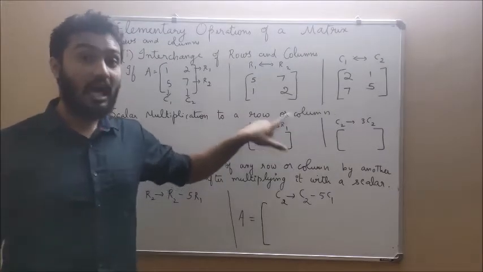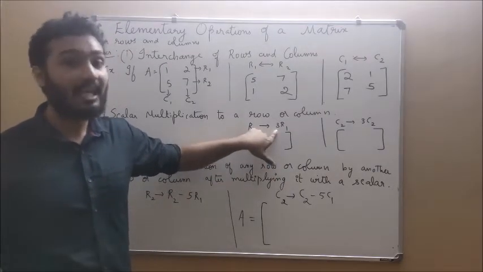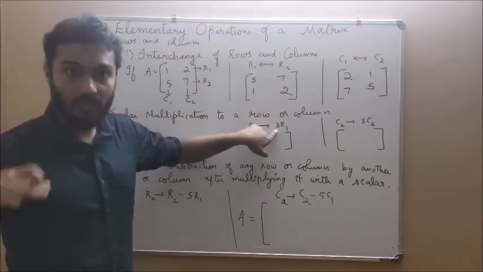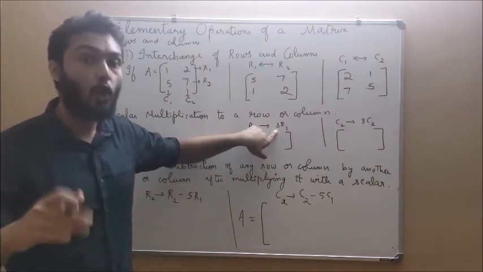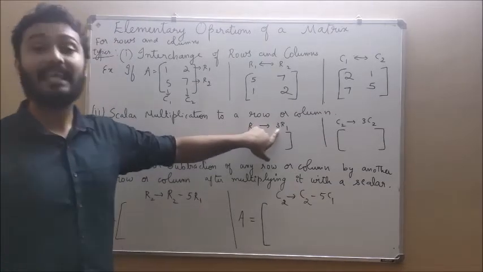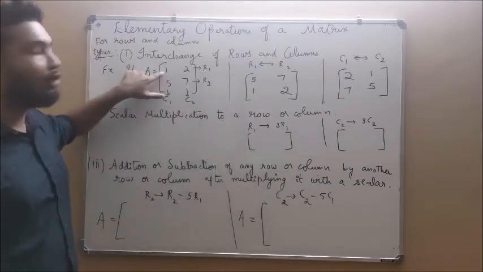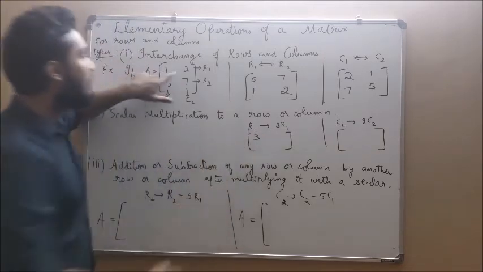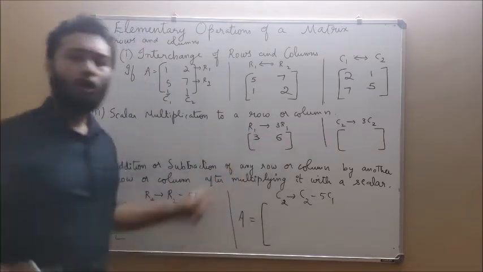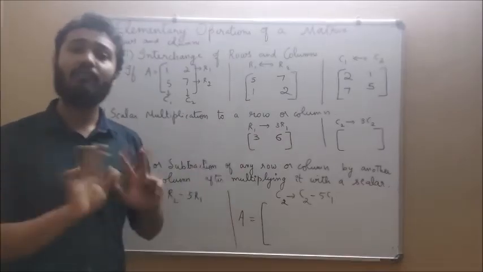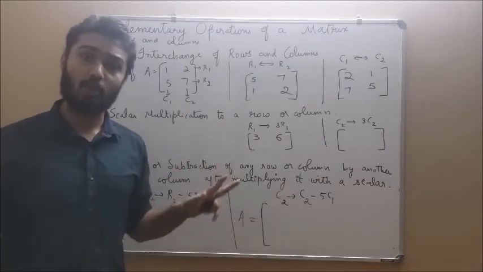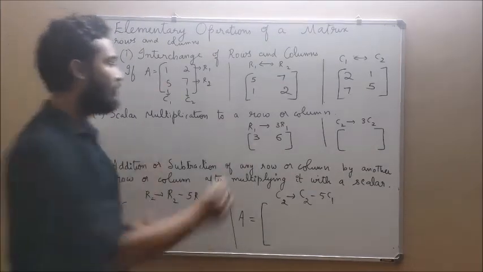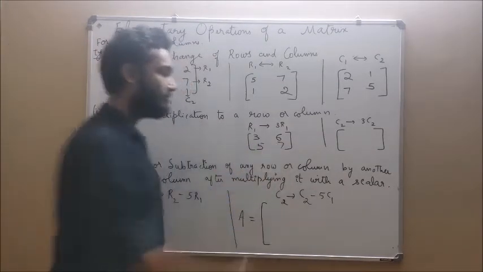R1 changes to 3R1 means I am multiplying the scalar 3 with row 1. So 3 ones are 3, 3 twos are 6. Row 2 has no change because we are not doing any operation on row 2. So row 2 remains as it is, 5 and 7.